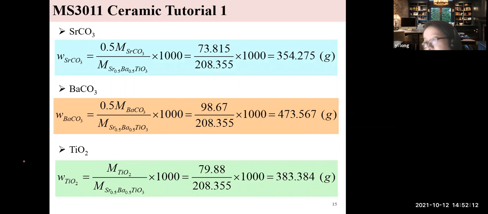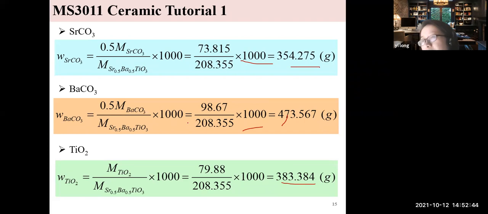This is super simple for many of you, but it is the first step if you go to the lab to do any ceramic bulk materials research, so make sure you don't make mistakes here, because if you do, it's very difficult to go further. So for strontium carbonate it is something like this, barium carbonate is something like this, and for the titanate it is this. This is question 3.